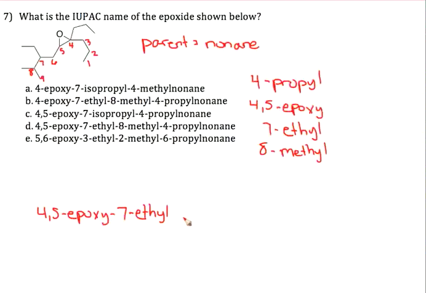Then 8-methyl. Finally, we have 4-propyl. And then we put in our parent, which is nonane. Okay, so that gives us D as the best answer.